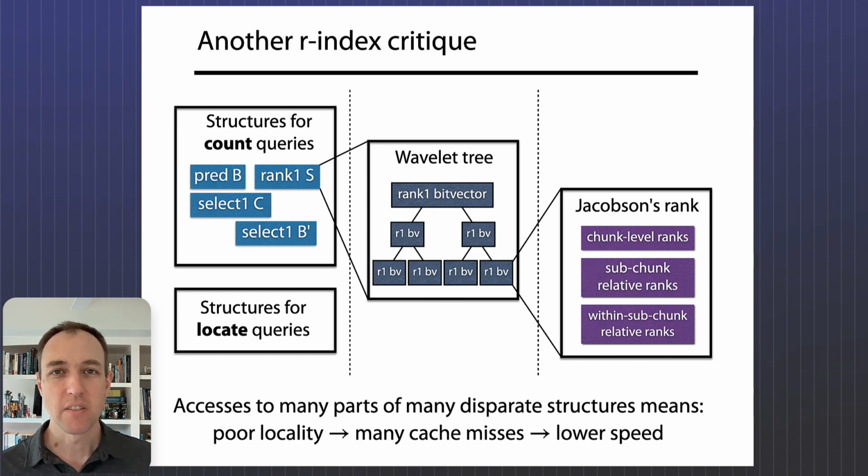Because we are doing all these disparate accesses, we have poor locality of reference, and for that reason, we have lots of cache misses. Cache misses mean we spend lots of time waiting for data to be retrieved from main memory when we could have been doing something productive.